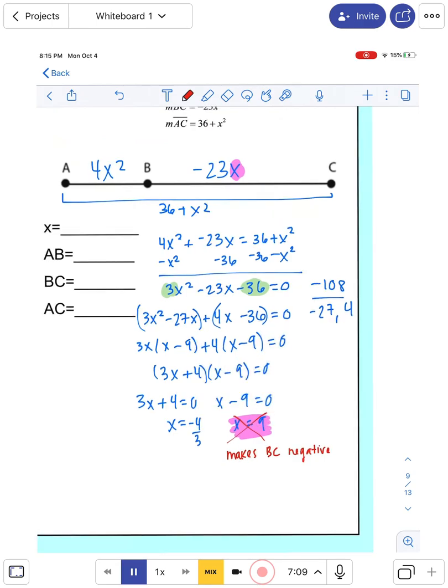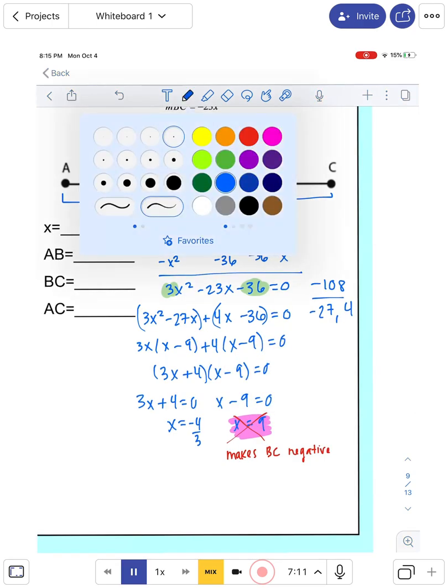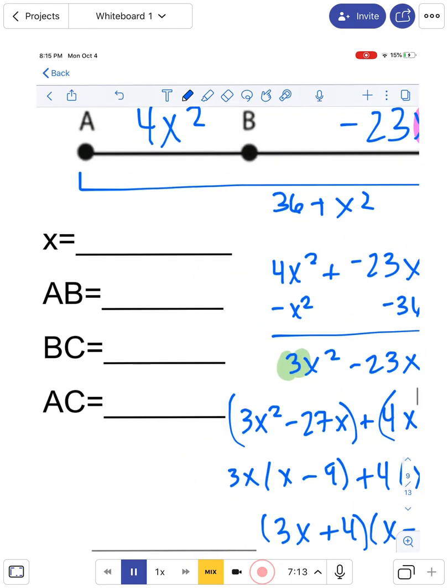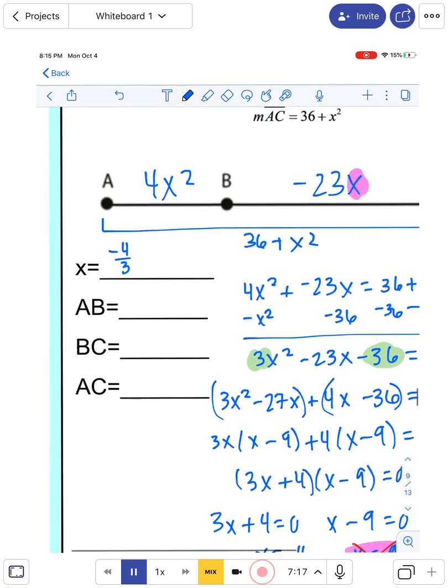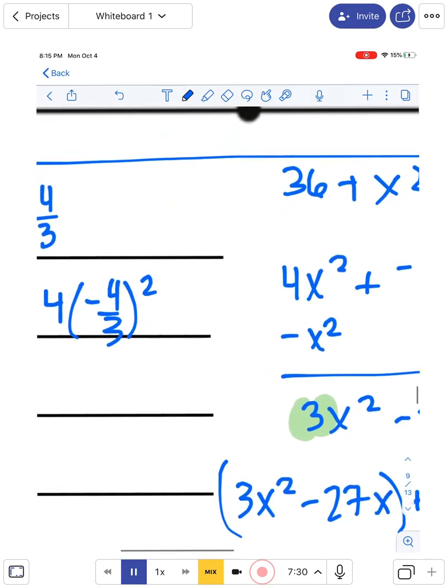So therefore, x equals negative 4/3 is the x value that I'm going to use to substitute back in to find the measures of my segments. So to find AB, we're going to do 4 times negative 4/3 squared. And negative 4/3 squared is positive 16/9.